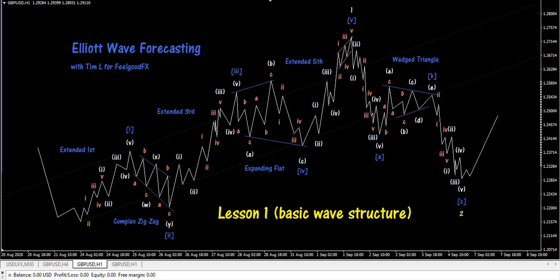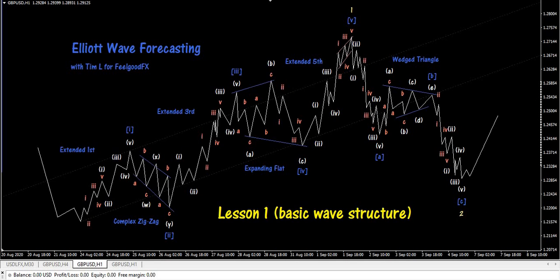Impulse waves generally have an extension within the impulse wave. Now, these impulse waves 1, 3, and 5 are subdivided into impulse waves as well, so they are also counting 1, 2, 3, 4, 5. And generally, every single wave is going to have an extension.